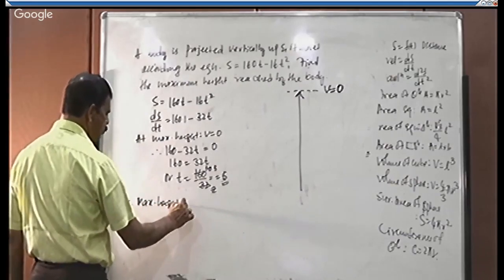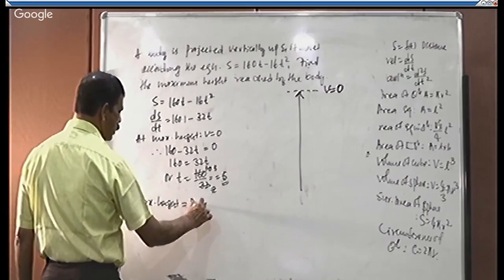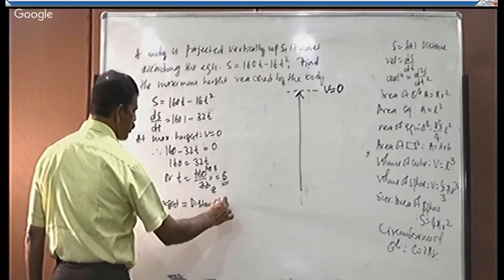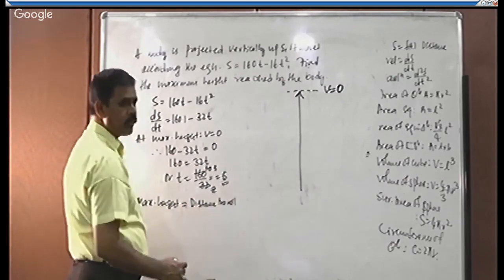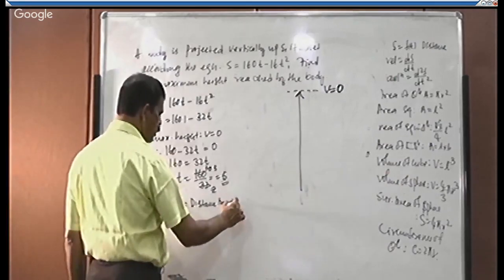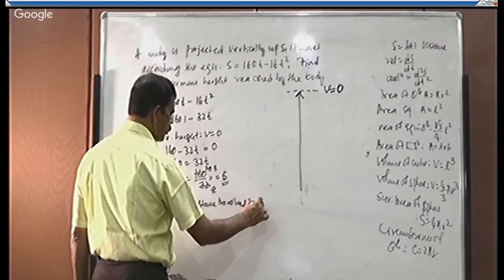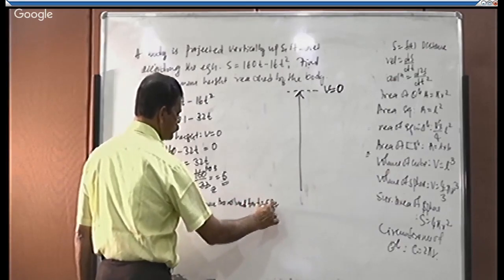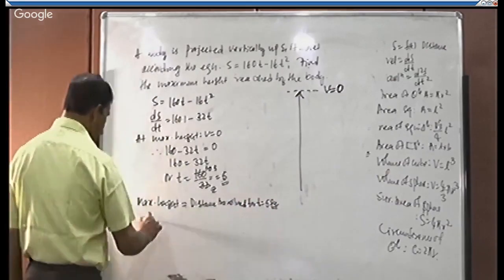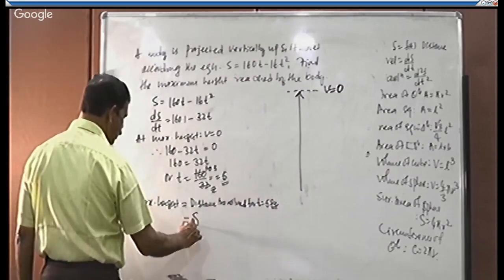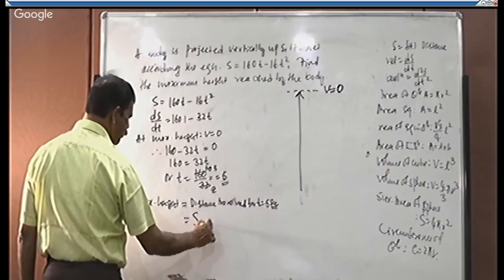Therefore, maximum height will become the distance traveled, the distance traveled till the velocity becomes 0, traveled for t is equal to 5 seconds. Therefore, maximum height is equal to S at t is equal to 5.